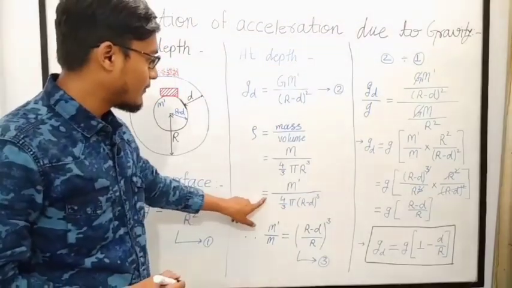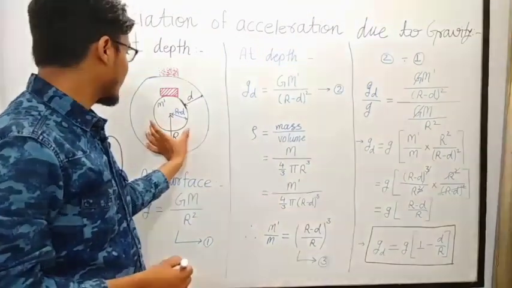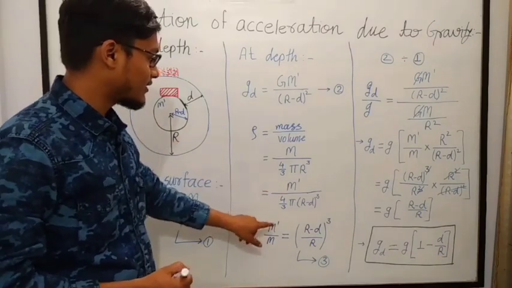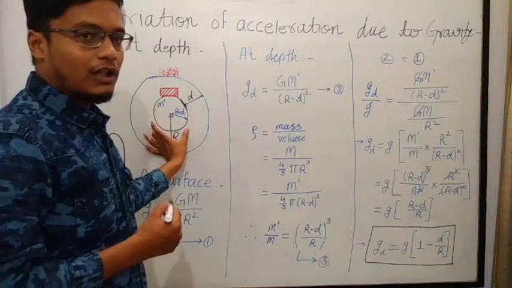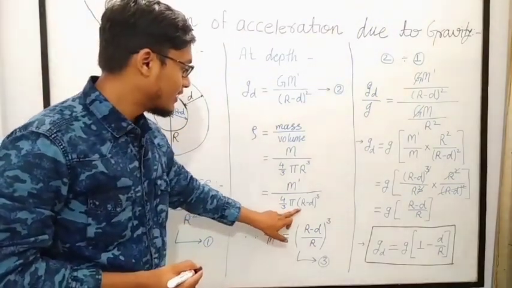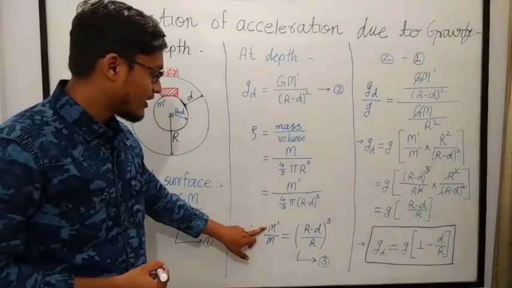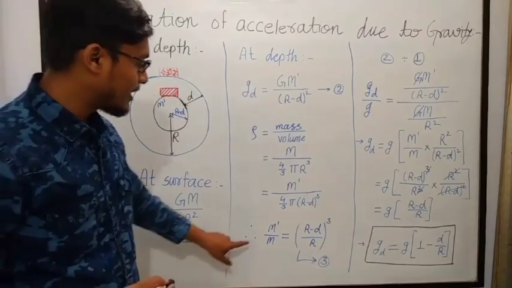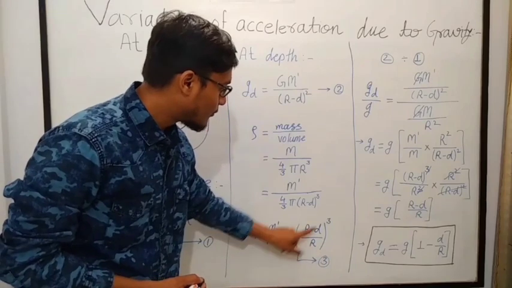Now in the next step we will take the mass and volume of the reduced earth. So the mass of the reduced earth is M dash, and in the denominator the volume of the reduced earth is 4 by 3 pi into (r minus d) cube. Now we will take the ratio of the changed mass of the earth to the original mass. So M dash by M is equal to (r minus d) by r, whole cube.